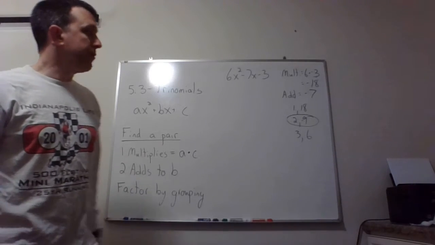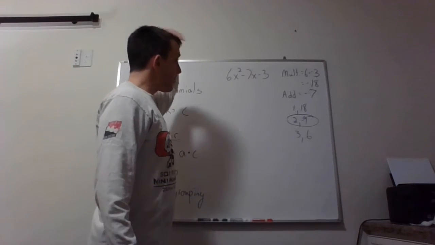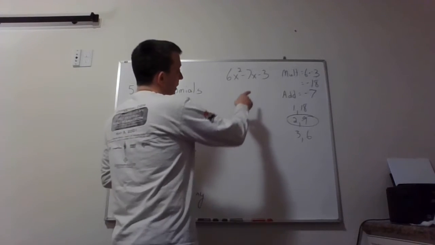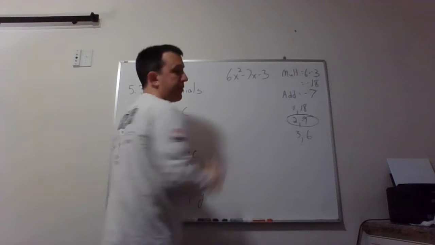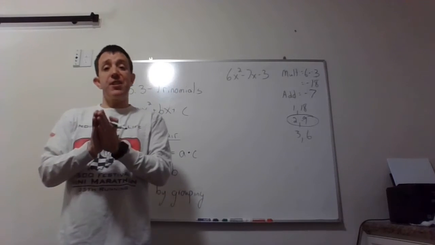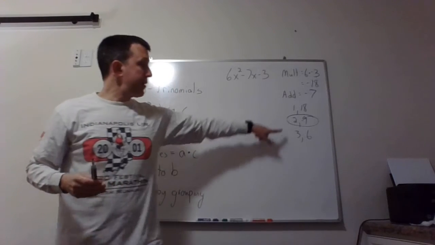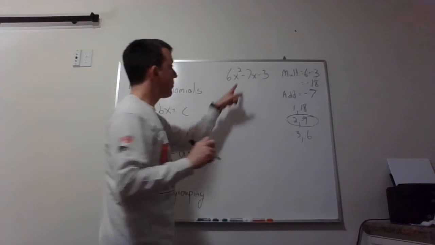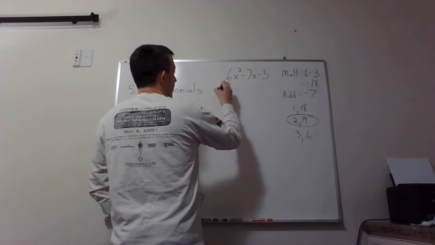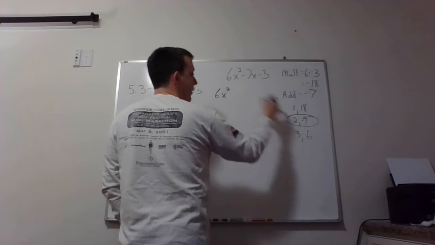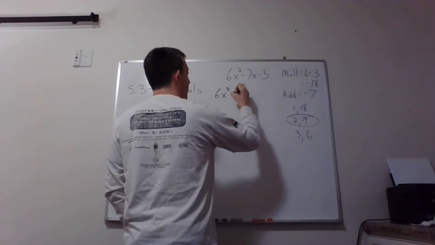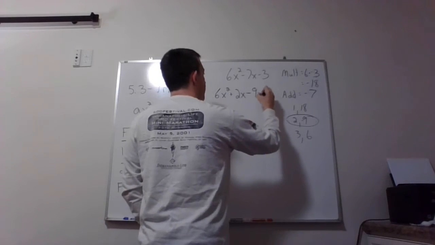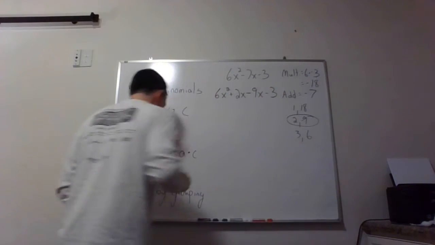Now we're going to factor by grouping. Here's where it gets a little bit different, a little bit messy. We only have 3 terms. We have to split our middle term up, and that's where we're going to use the pair, and then we can factor by grouping. So I'm going to rewrite it as 6x squared, plus 2x, and minus 9x, minus 3.